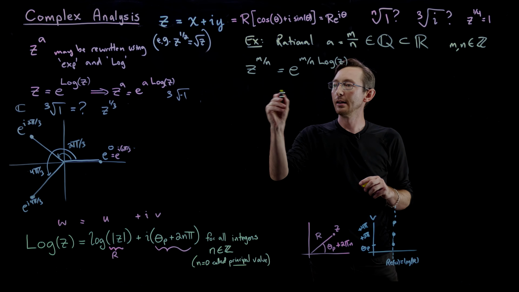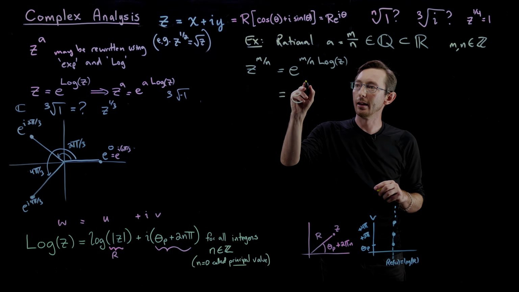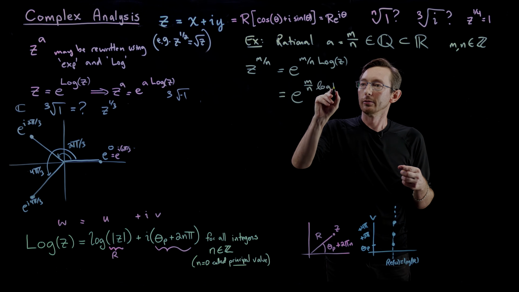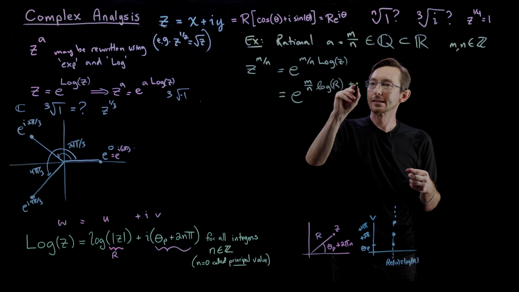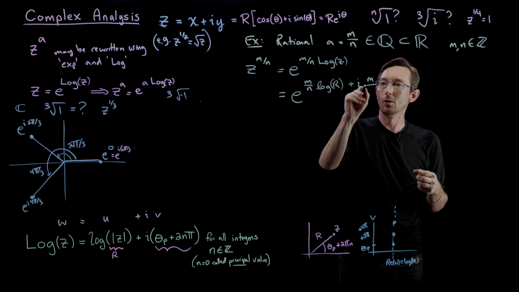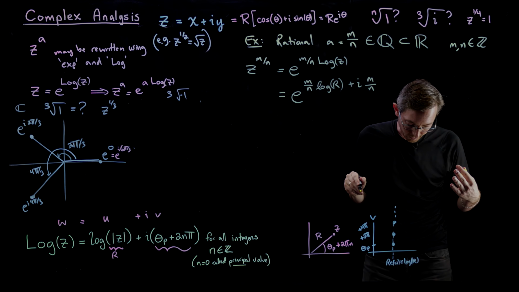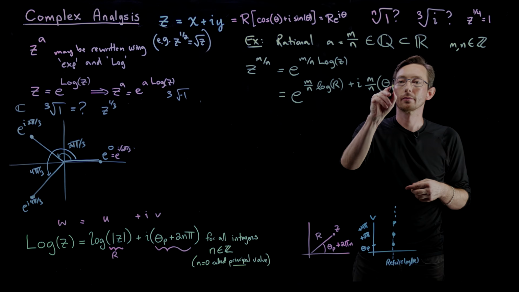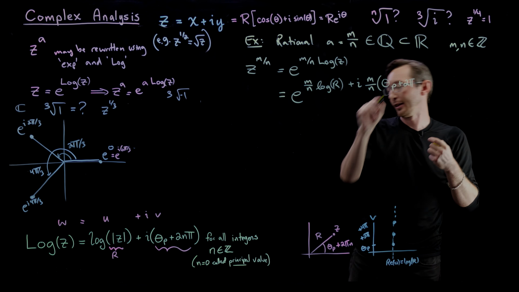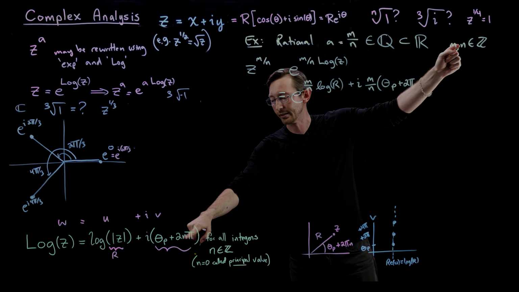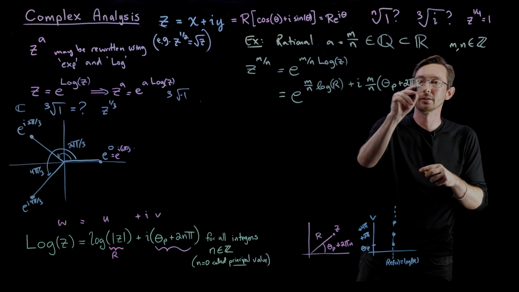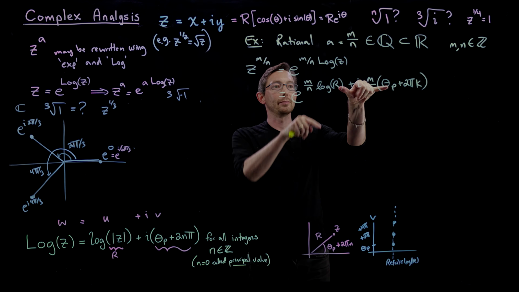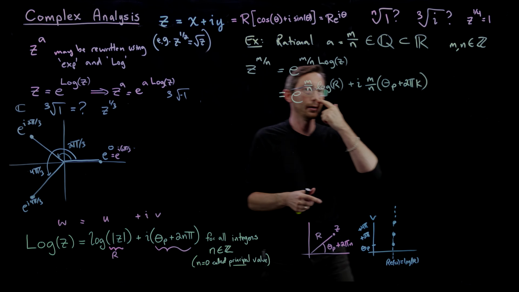And so that's going to mean I have e to the m over n times the log of the radius plus i times m over n times my principal theta plus any 2 pi, sorry, this is a different n here, we'll use k, times any integer times 2 pi. Right, so this is just m over n times the logarithm of z, okay?